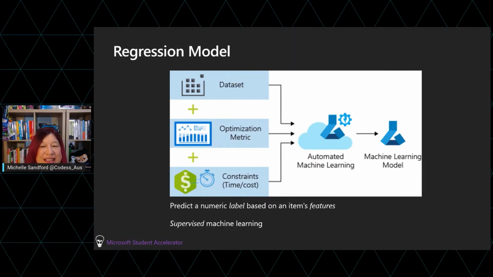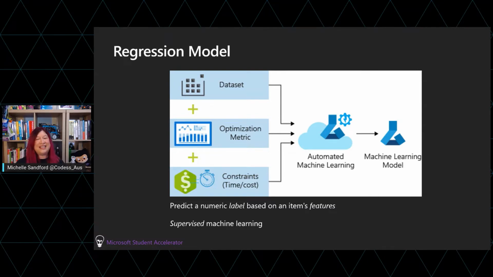Regression is a form of machine learning that's used to predict a numeric label based on an item's features. For example, a car sales company might use the characteristics of a car, such as engine size, number of seats, mileage, and so on, to predict its likely selling price. In this case, the characteristics of the car are the features, and the selling price is the label.